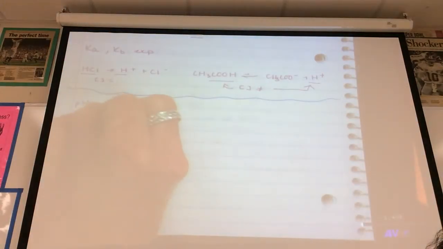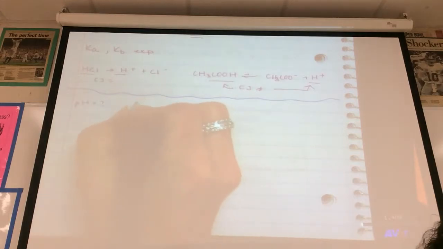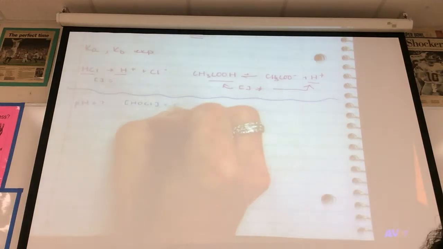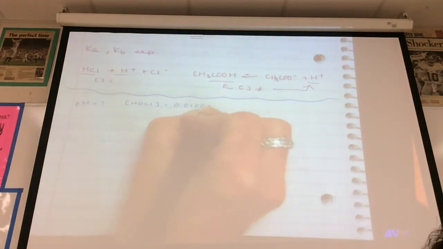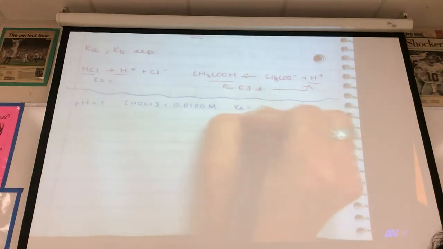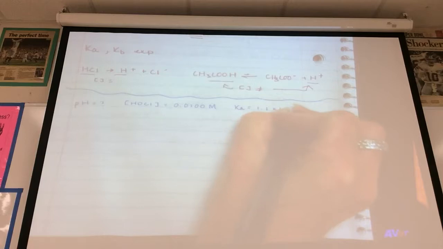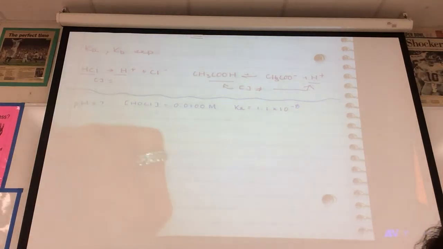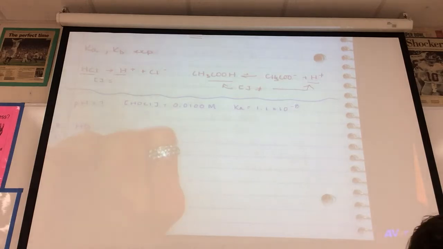We want to know the pH. The concentration is 0.0100 molar, and the Ka is 1.1 times 10 to the negative 8, no unit for Ka. My approach is RICE. I've got a weak acid, and that's hypochlorous.